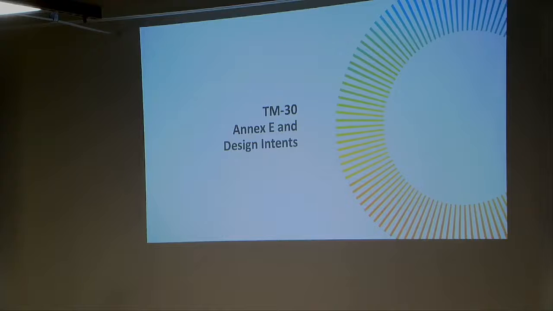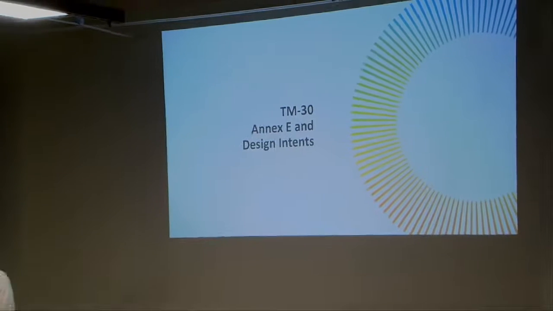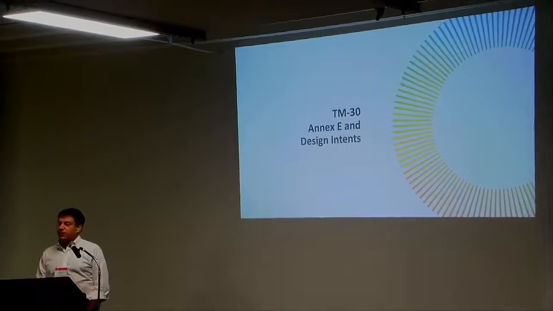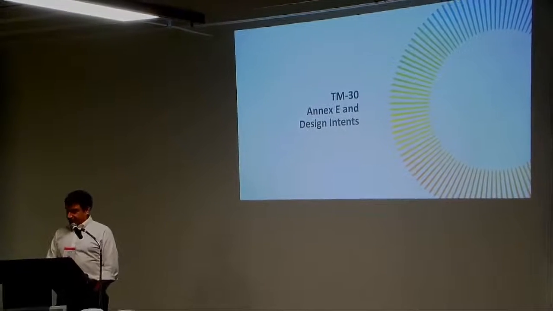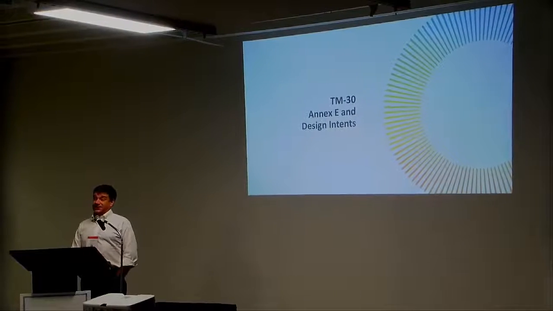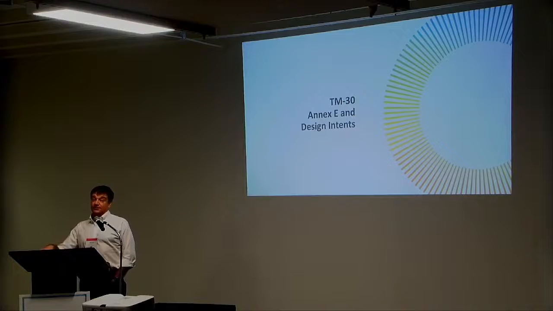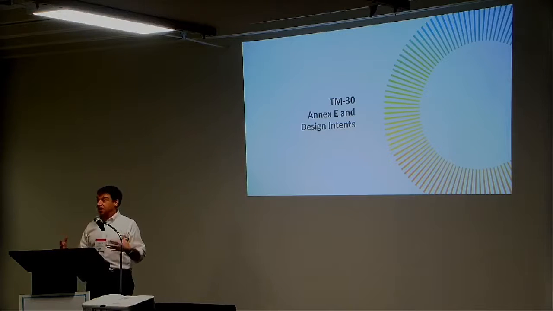So when TM30 was released in 2015, we knew that it was the most scientifically accurate, scientifically up-to-date color rendering system, right? All the components that went into it, the color space, the model of human vision, all of that stuff, we knew was up-to-date and accurate.